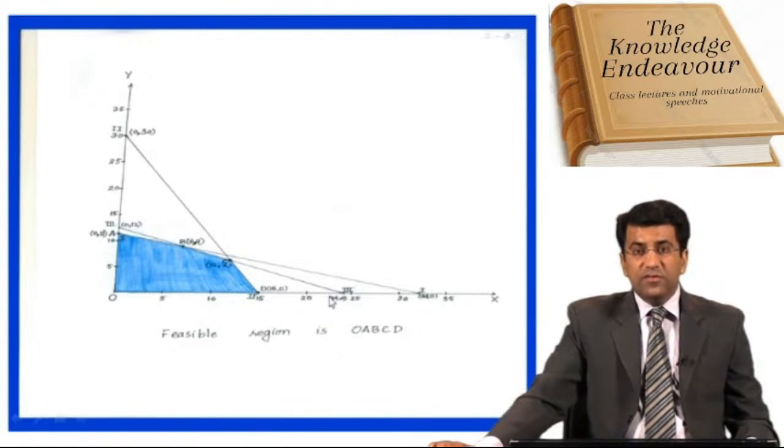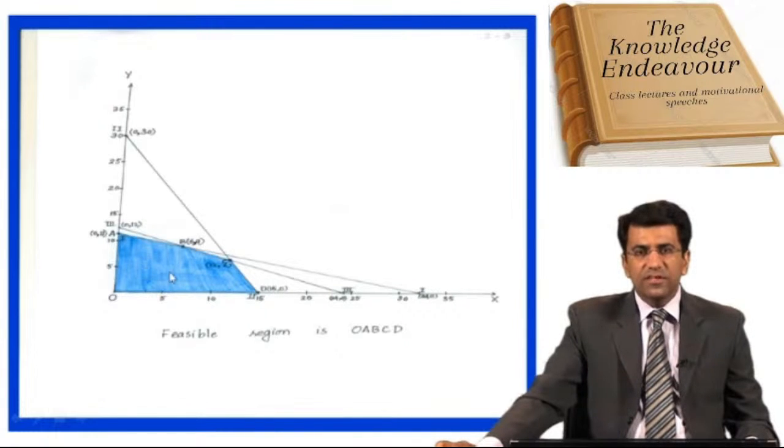And now again, what will be the feasible region? The feasible region will be that region which is the less-than area for all of the three lines, that is line 1, line 2 and line 3. So this shaded area is the area which is below all of the three lines, line 1, line 2 and line 3.